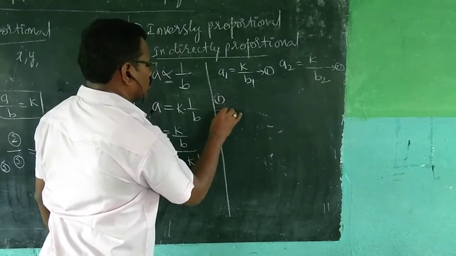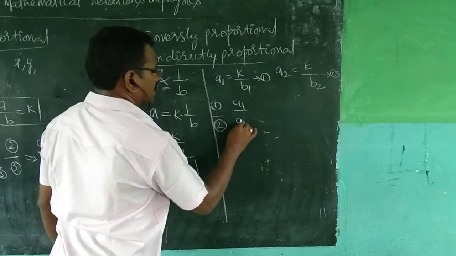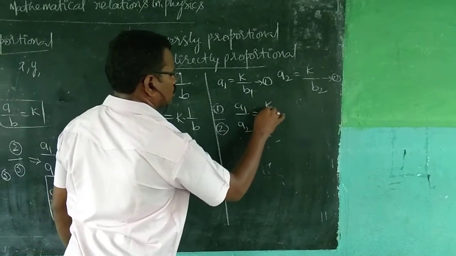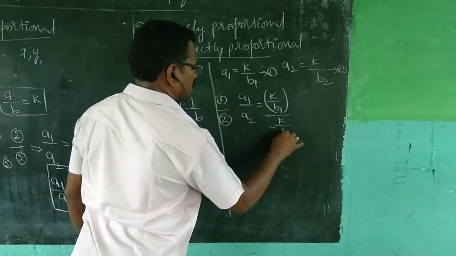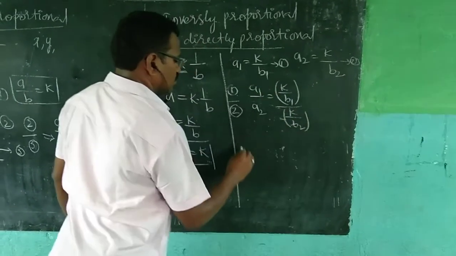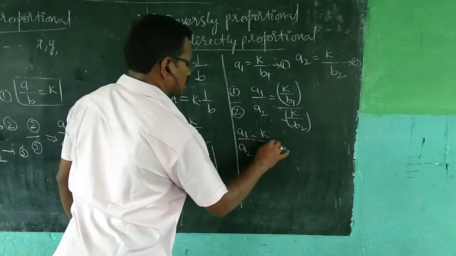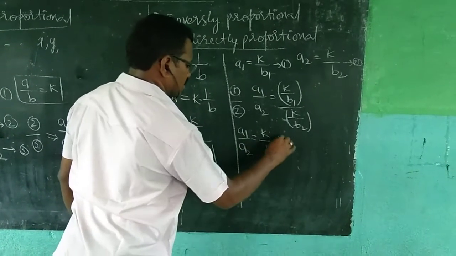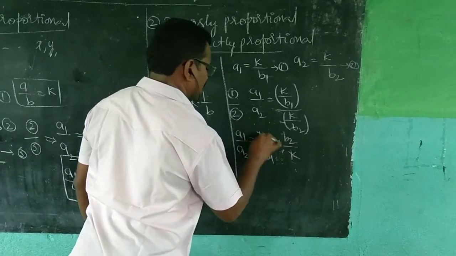Now divide 1 by 2. What happens? A1 by A2 is equal to K by B1 divided by K by B2. What is the next step? A1 by A2 is equal to K by B1 into the reverse process B2 by K. K will get cancelled.